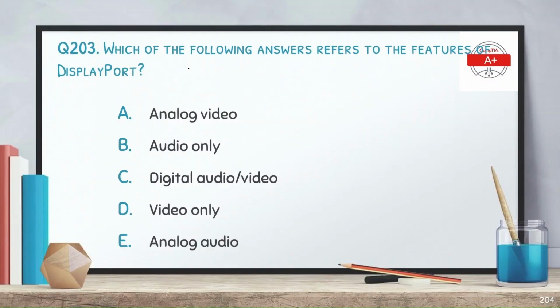Question number 203 is, which of the following answers refers to the features of DisplayPort or DP port? The options are A analog video, B audio only, C digital audio/video, D video only, and E analog audio. The correct option is that it supports digital audio and video.